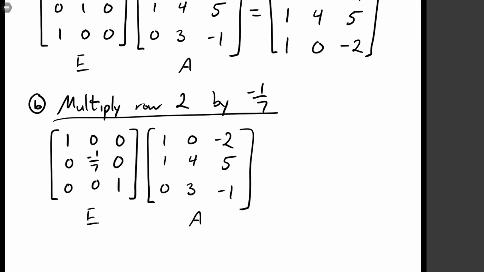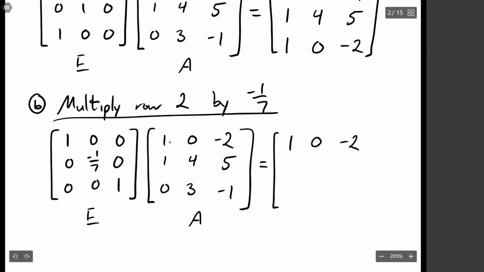Now when we multiply this out, I'll say this out. So we have 1 times 1 plus 1 times 0 plus 0 times 0. 1 times 0 plus 0 times 4 plus 0 times 3. 1 times minus 2 plus 0 times 5 plus 0 times minus 1.